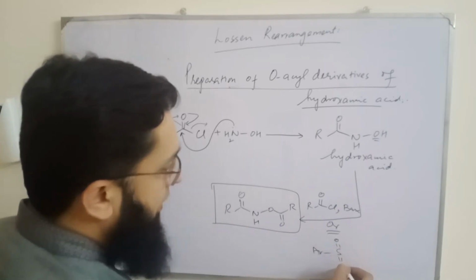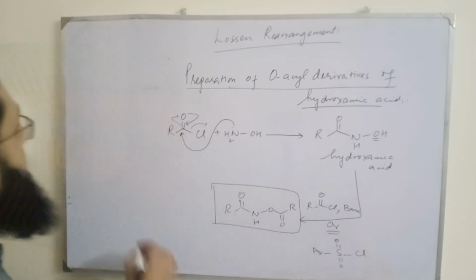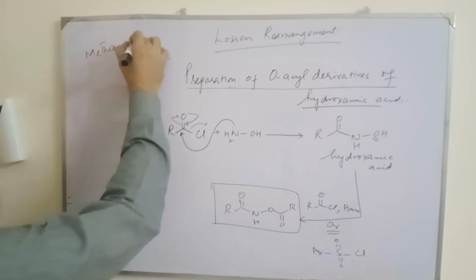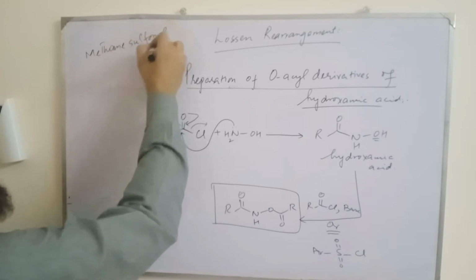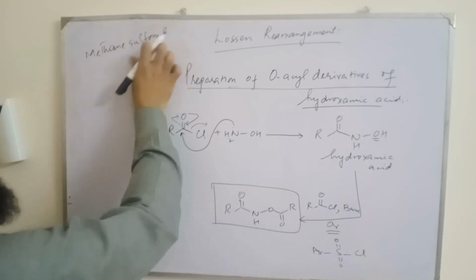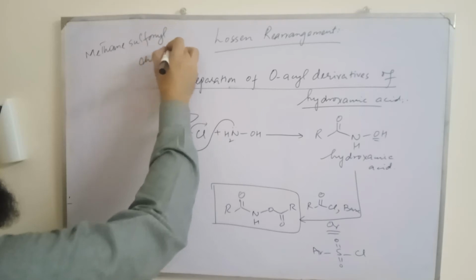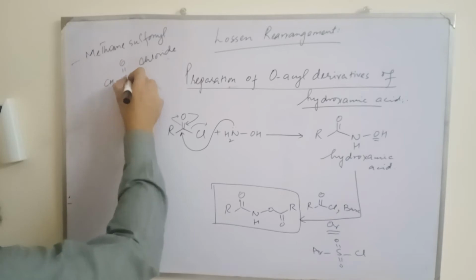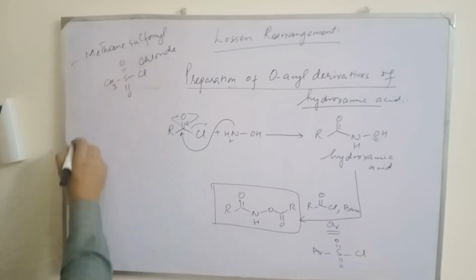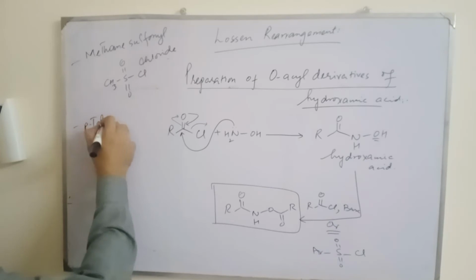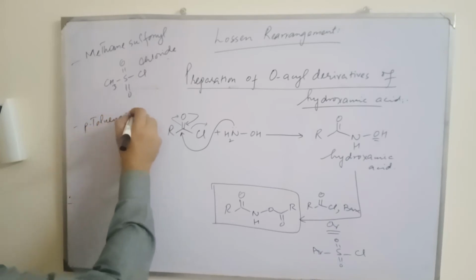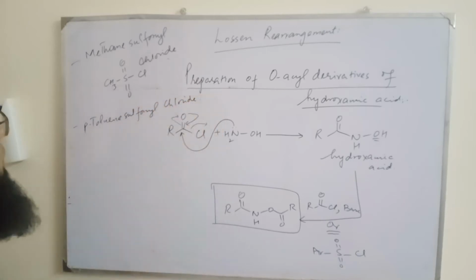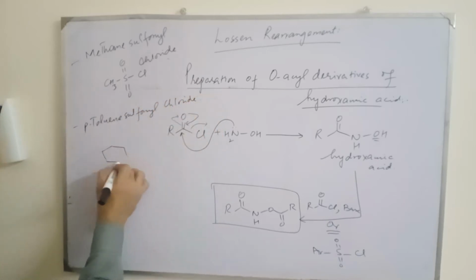We can also use here sulfonyl chlorides as well. For example, methane sulfonyl chloride, which is CH3SO2Cl, or para-toluene sulfonyl chloride. And both of these form a good leaving group.